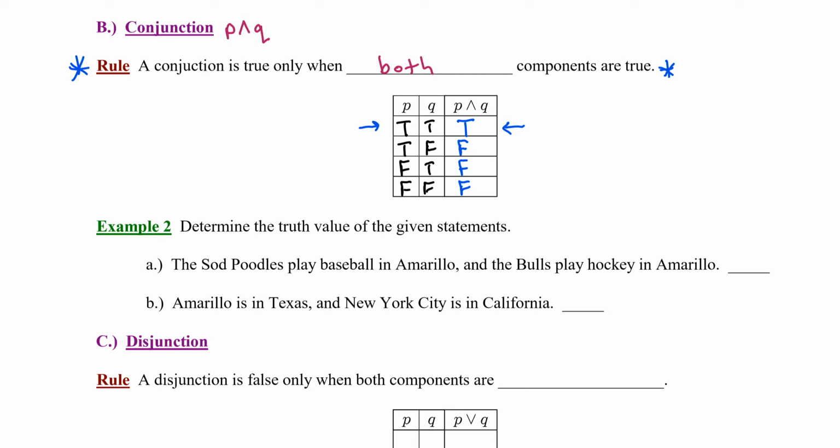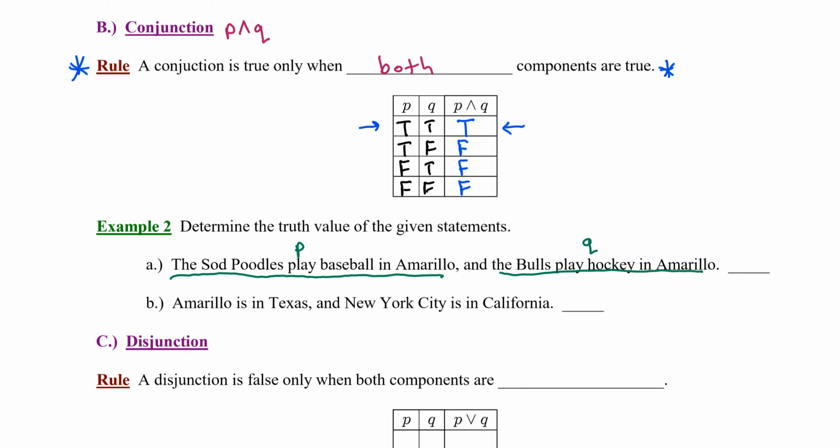Example 2, determine the truth value of the given statements. A, the Sod Poodles play baseball in Amarillo, and the Bulls play hockey in Amarillo. Now, if you're not from Amarillo, the Sod Poodles are the Amarillo baseball team, so P happens to be true. The Bulls are the Amarillo hockey team, so Q is also true.